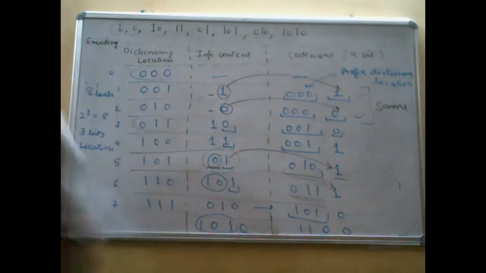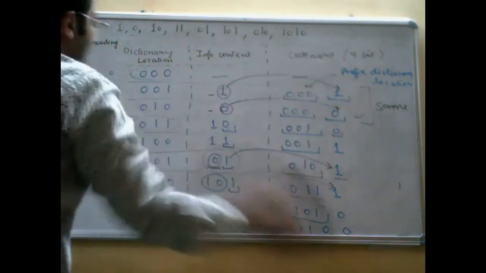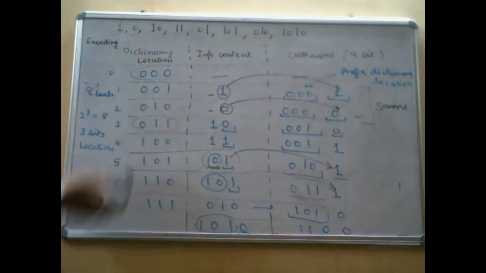Okay. So now we move to the decoding part. We have got these 4-bit code words. I'm going to erase this now.